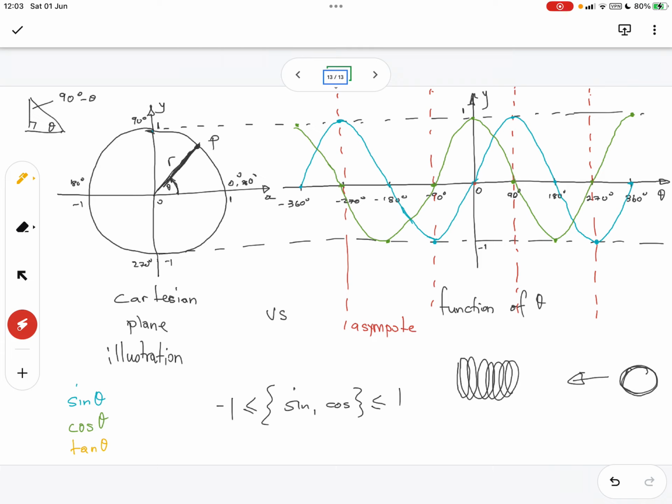At 0 degrees, x is 1, but y is 0. Can you see that? At 0 degrees, x is 1, but y is 0. And because tan is y over x, it becomes 0 over 1, which is 0.